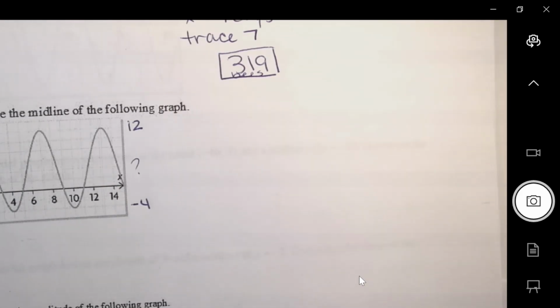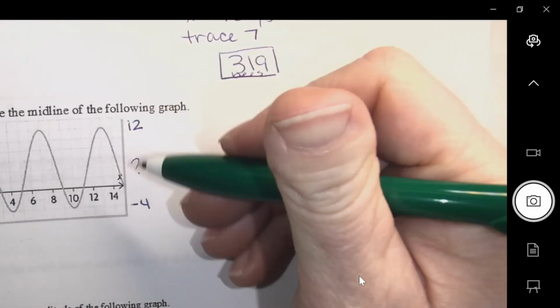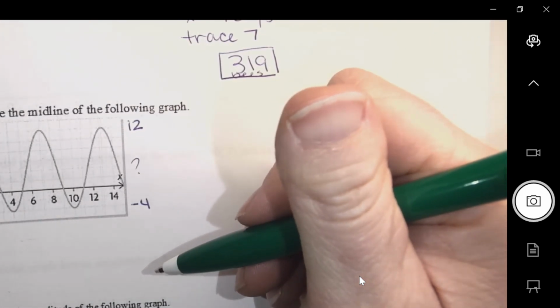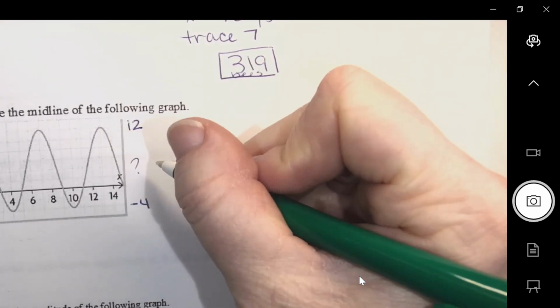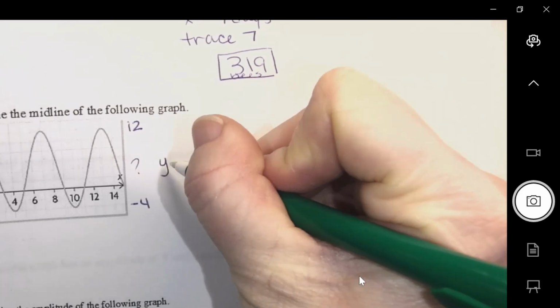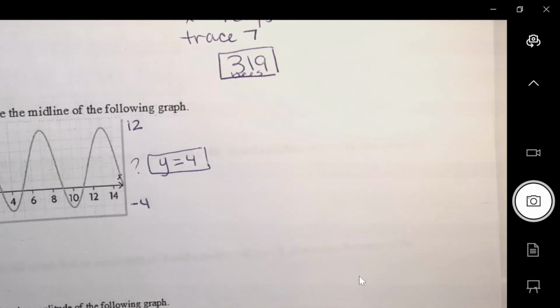It's halfway between there. What can you do mathematically? Add and divide by 2, right? An average. Okay, and if it's a midline, I would write y equals 4 is in the middle.